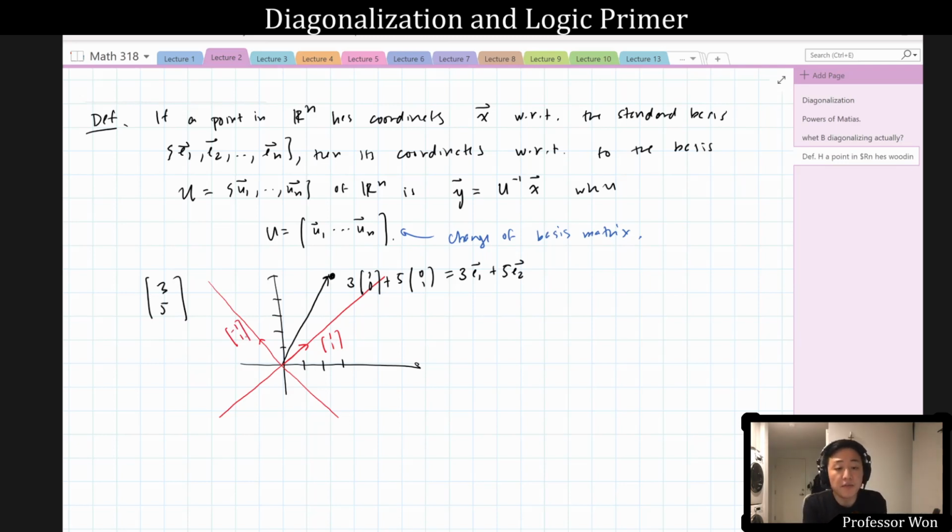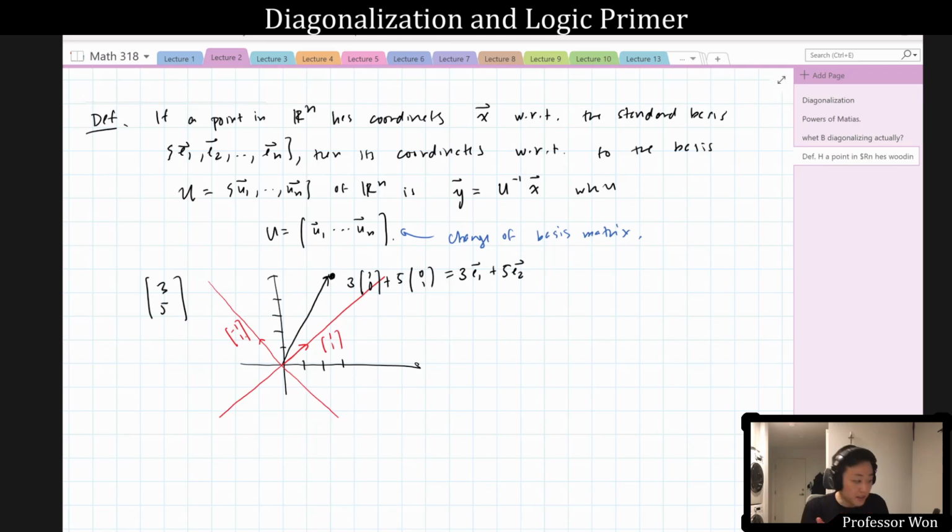The point is that every vector in the plane can be written uniquely as a linear combination of 1, 1 and negative 1, 1. So this point that we usually call 3, 5, if we all lived in a world where the red basis vectors were our basis, we wouldn't call it 3, 5. We would call it its coordinates with respect to this basis.